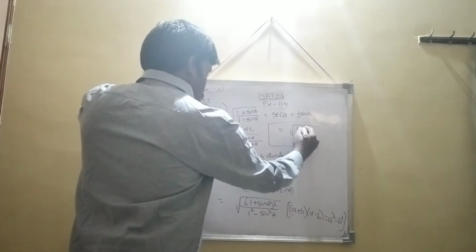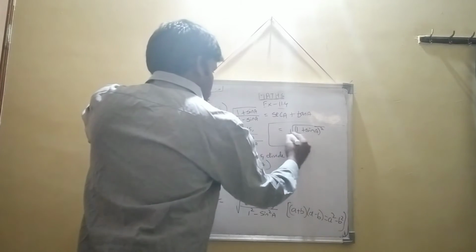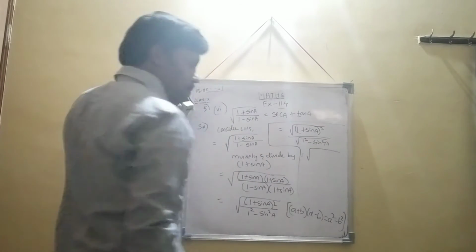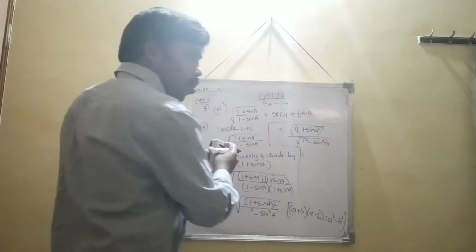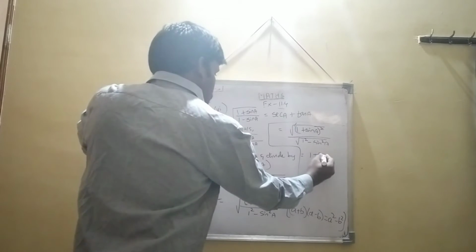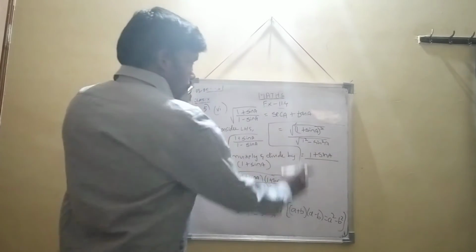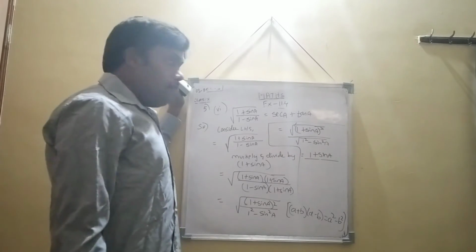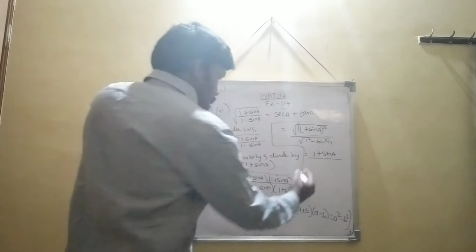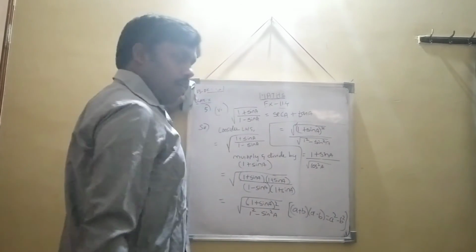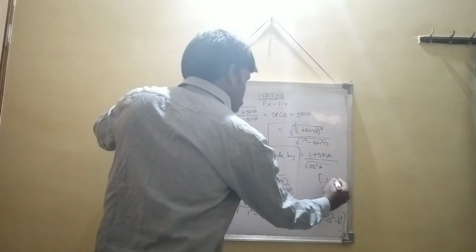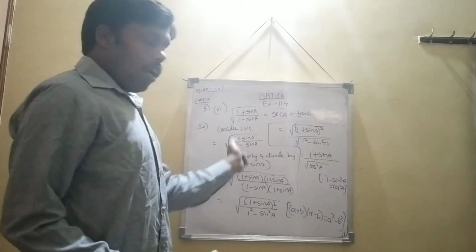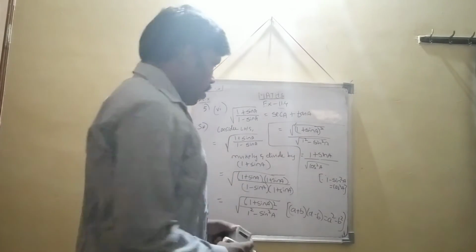We write separately the square root of (1 plus sine A) whole square divided by the square root of 1 square minus sine square A. In the numerator, square and square root cancel, giving 1 plus sine A. In the denominator, 1 square is 1, so 1 minus sine square A. From the first identity, sine square A plus cos square A is 1, so taking sine square A to the other side, 1 minus sine square A is cos square A. We have already done such type of problems.